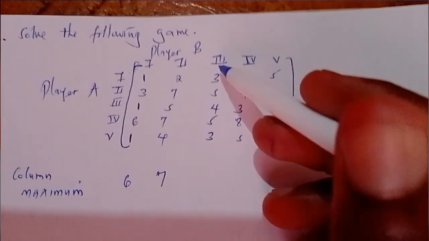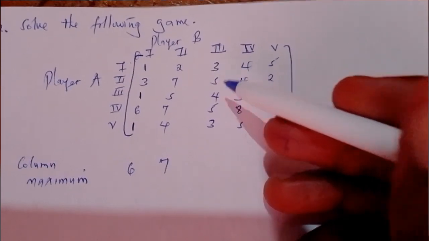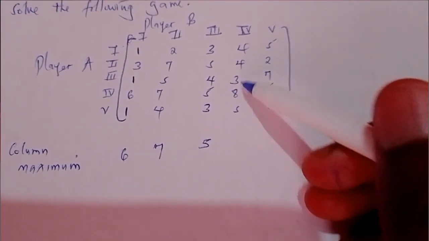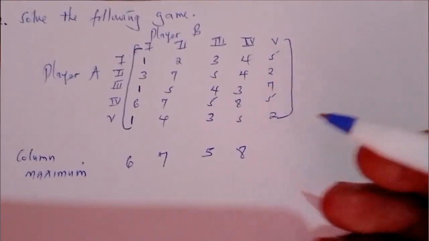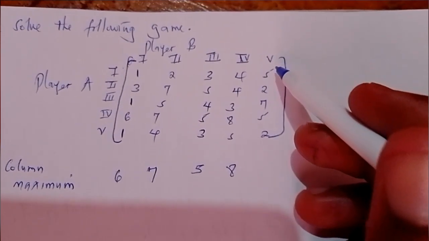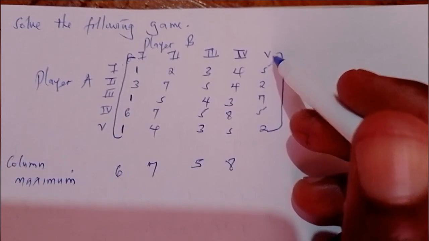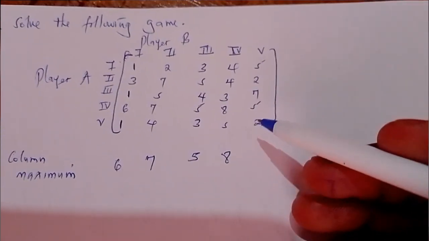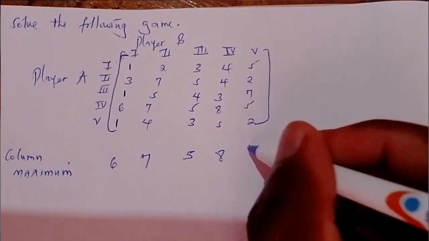Third column, 3, 5, 4, 5, 3. The maximum element is 5. Then 4, 4, 3, 8, 5. The maximum element is 8. Then the fifth column, 5, 2, 7, 5, 2. The maximum element is 7.